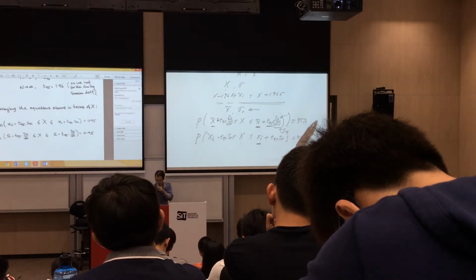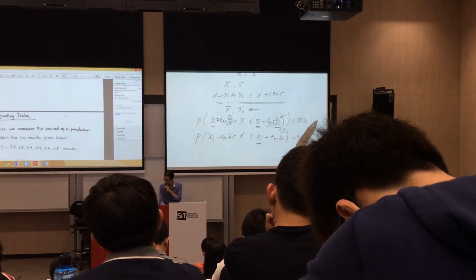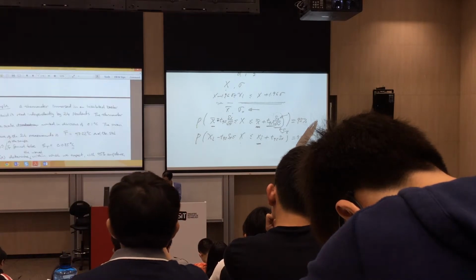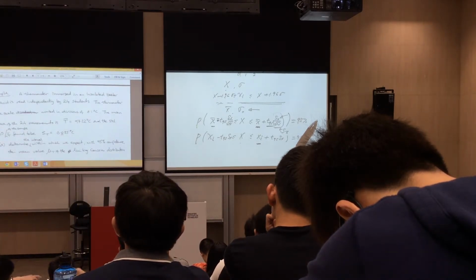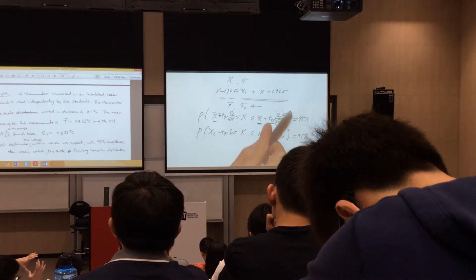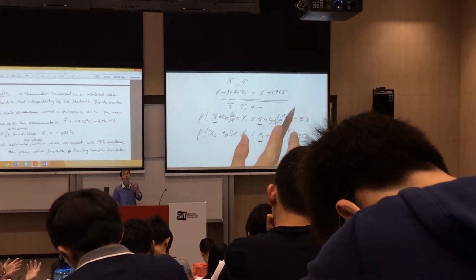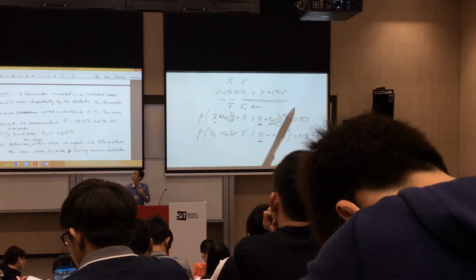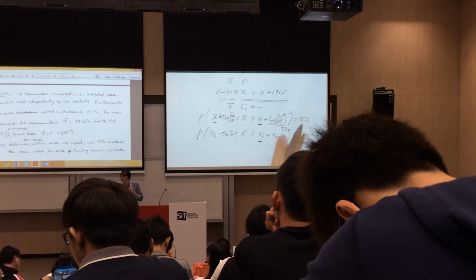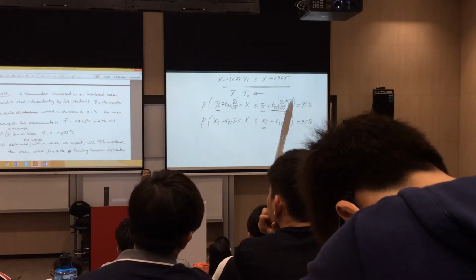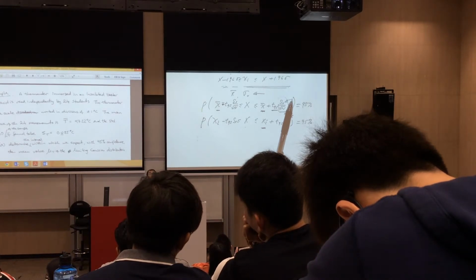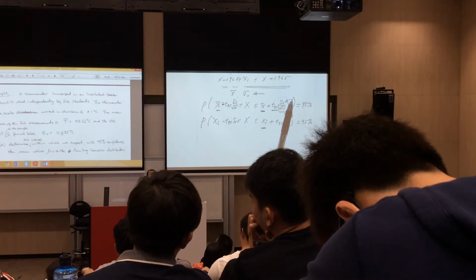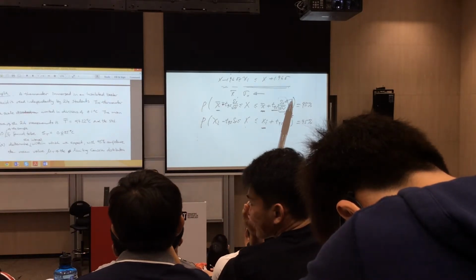Okay, so this part will be a bit difficult to understand. Let me show you one example, probably it will be easier. So let's look at the example here. You need to do an experiment: 24 students measure the temperature.